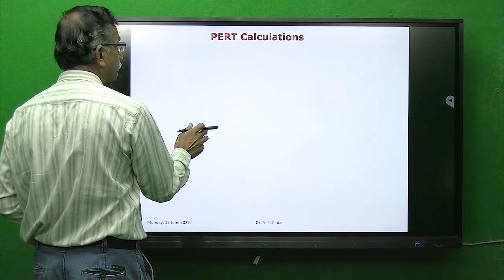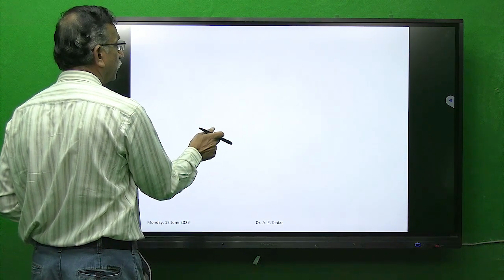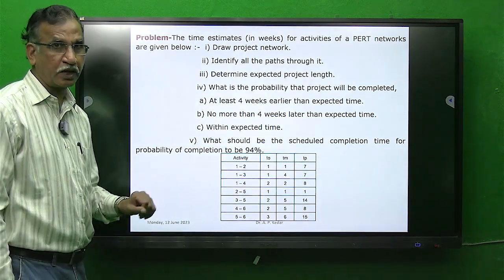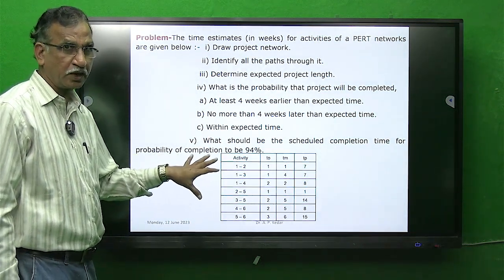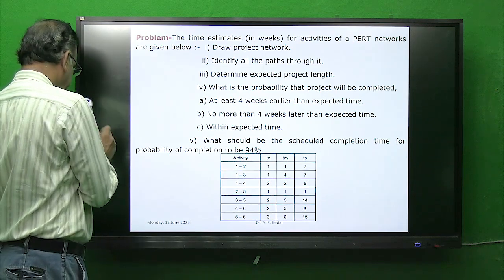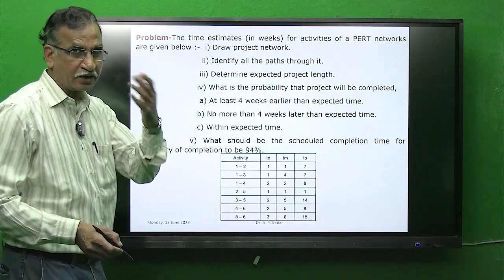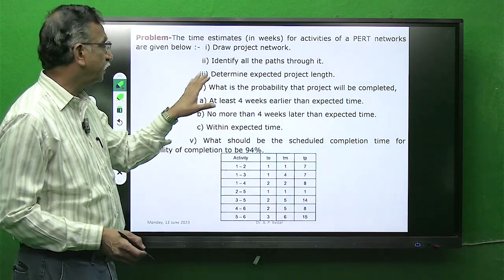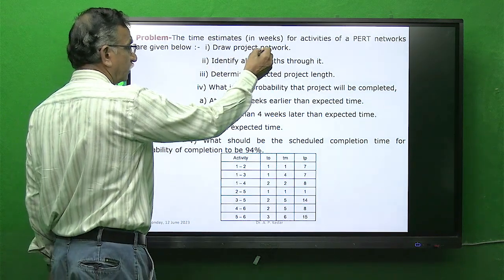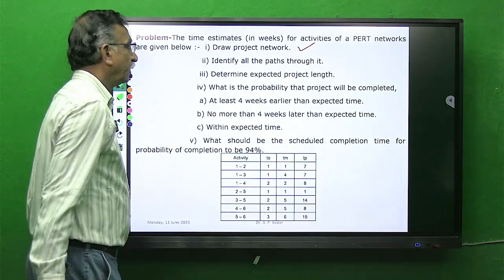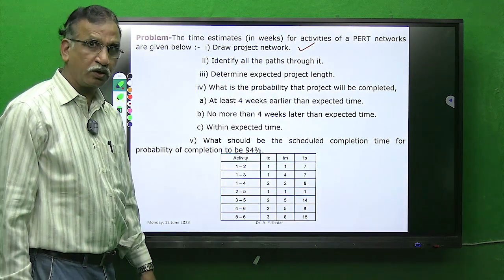The problem was this one. This was the problem we solved in the last lecture, and here, go through my last video wherein we have drawn the logical network for the project. This was over, and then we identified all the paths.